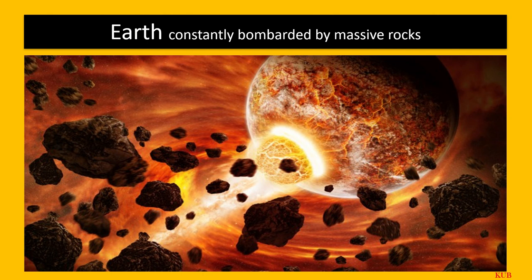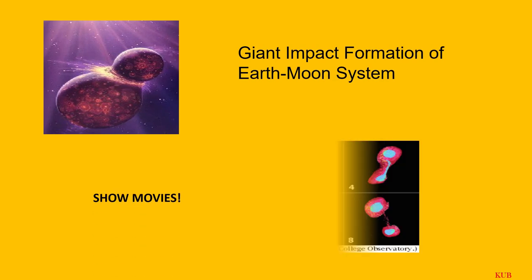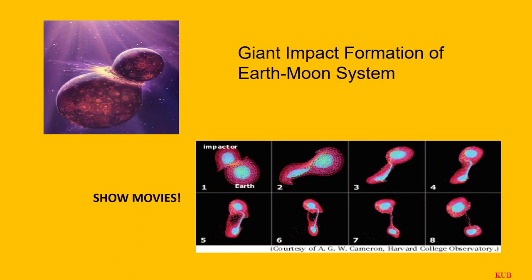The Earth was so hot that it was in a molten hot liquid form. Then the giant impact formation of the Earth and Moon system happened.